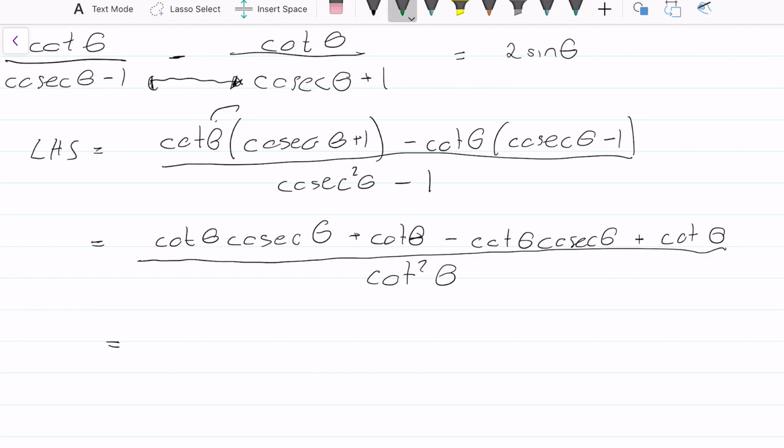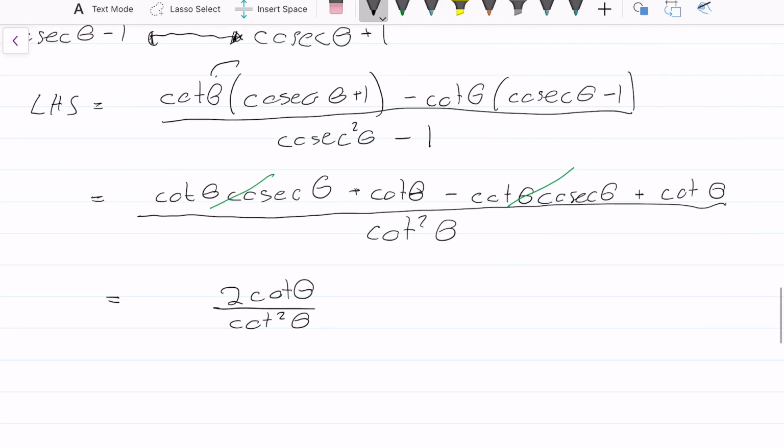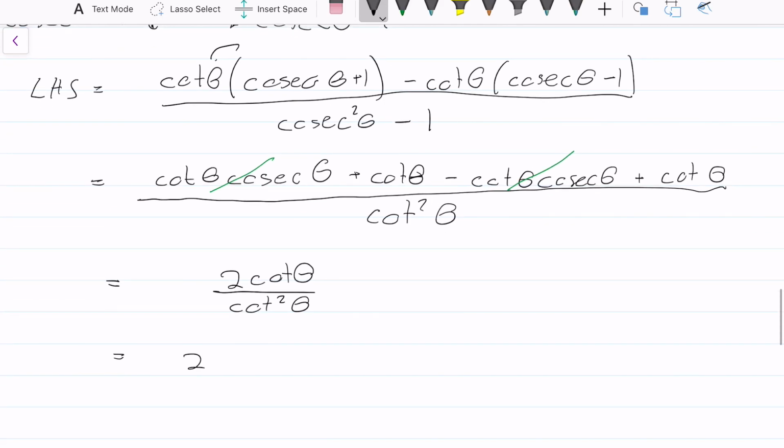So we have a plus cot theta cosec theta and a minus cot theta cosec theta. So these two things cancel. What we're left with is 2 cot theta over cot squared theta. So we have 2 over cot theta.